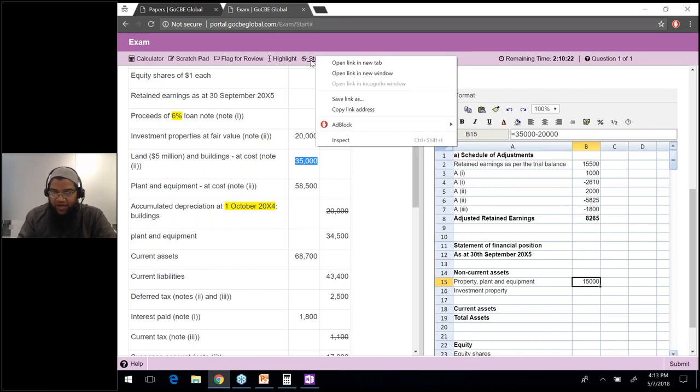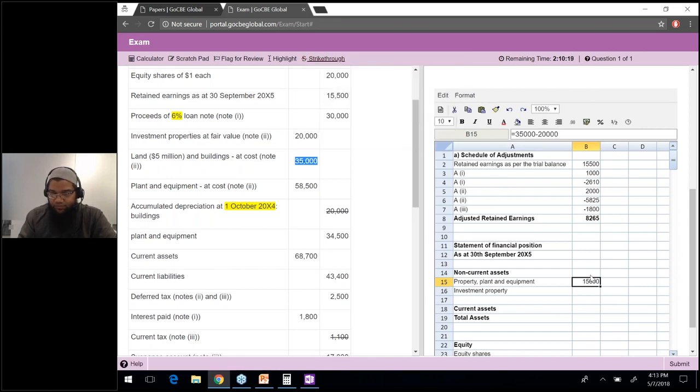Apart from this, we had some plant as well, so plus 58,500 minus 34,500. Although we have made some adjustments in these values through the double entries, first we are going to write the values given in the question. And then we will be actually changing them through the accounting double entries.